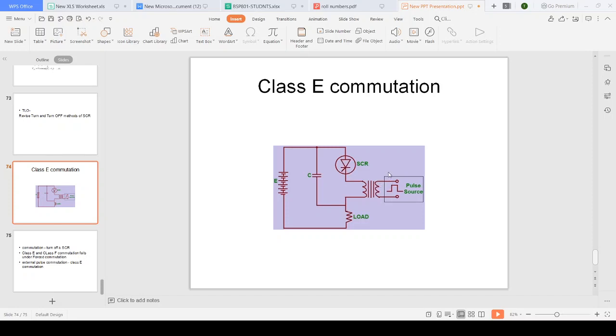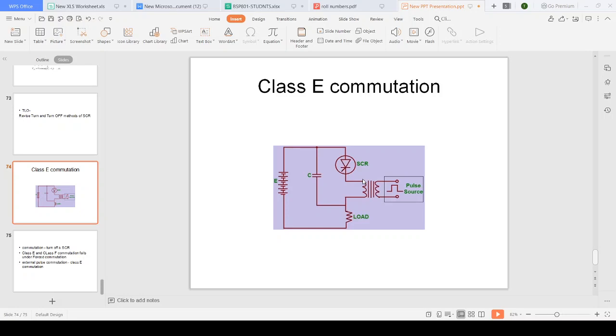So when we make use of this transformer, the voltage at the secondary of the pulse transformer will appear across thyristor T1 as a reverse voltage and it will turn it off. This is the concept of class E commutation.